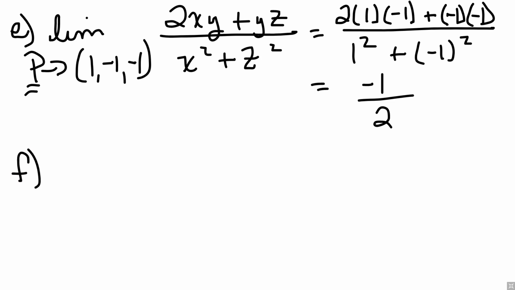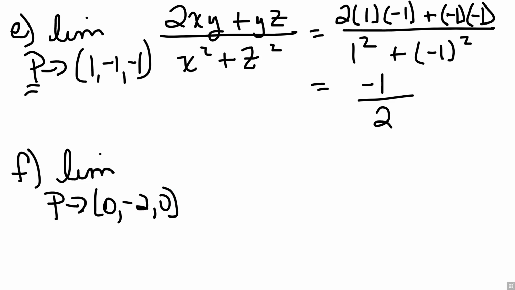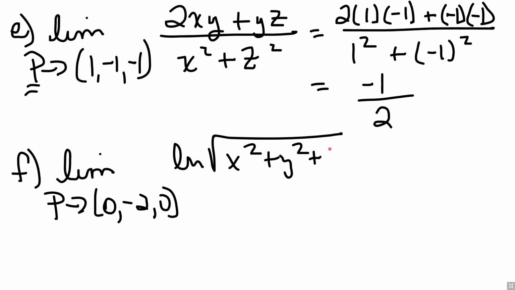Okay, so if we have the limit as p approaches (0, -2, 0) of the natural log of the square root of x squared plus y squared plus z squared, you find out what that limit would be.